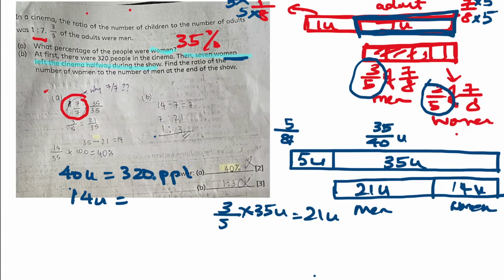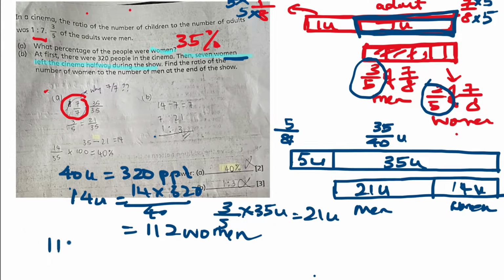So I have 14 times 320 divided by 40. There are actually 120 women. When 7 women left, so I minus 7, I left with 105 women.